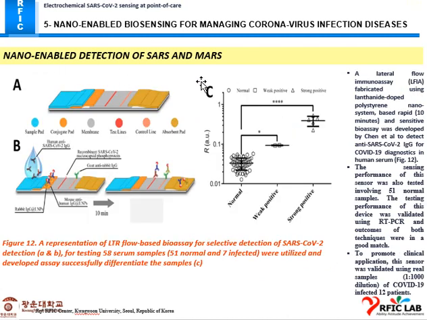Nano-enabled detection of SARS and MERS. There are some nanoparticle based detection technologies using some strip based or other devices. This is a lateral flow based bioassay which uses a control pad and test lines.